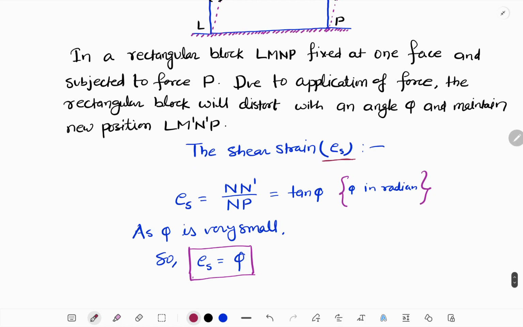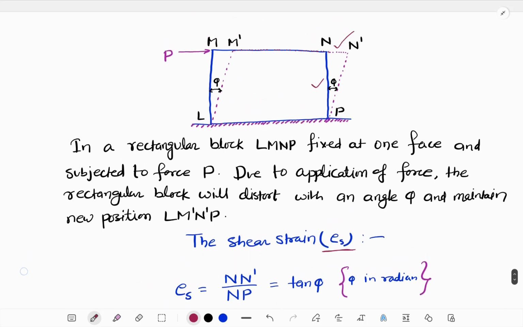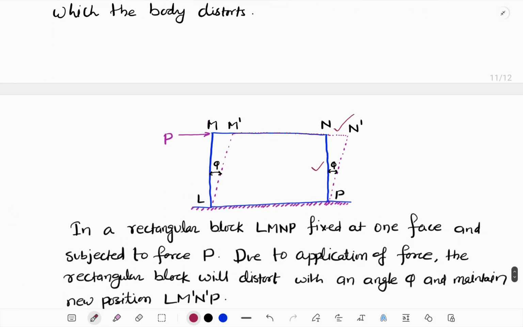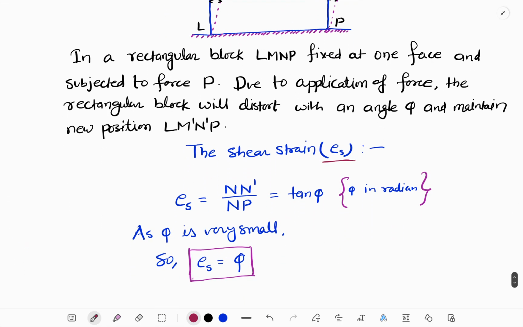So finally the shear strain will be ES is equal to phi.